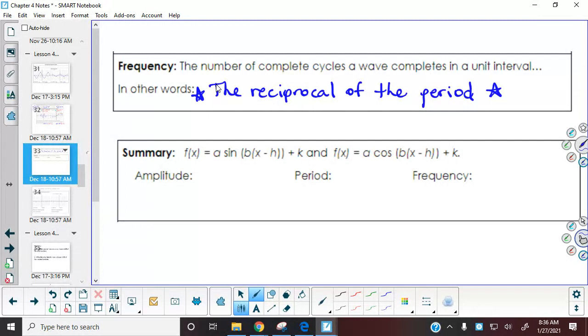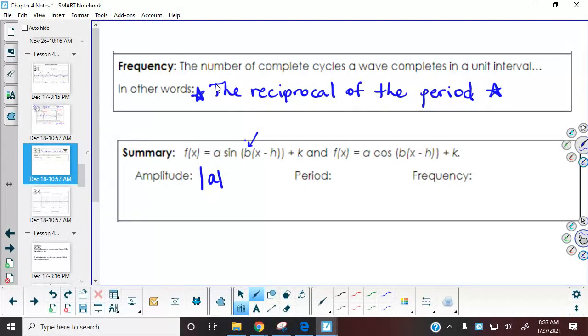So as you look at your general summaries on the back there, your amplitude, you are pulling that from the front. That is a review. It's the absolute value of that number. Your period is going to be directly connected to the b. But if you notice there, it's b times whatever is connected to your x.